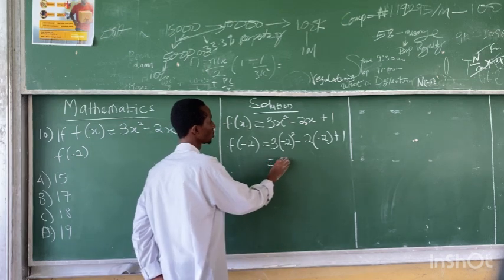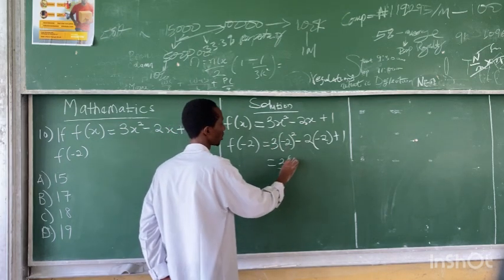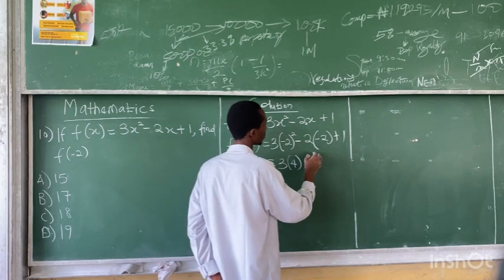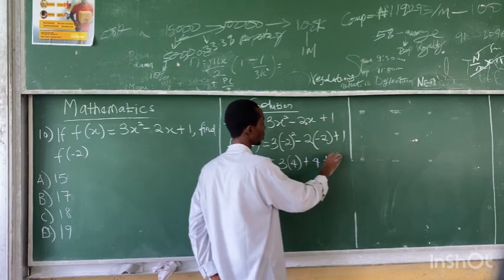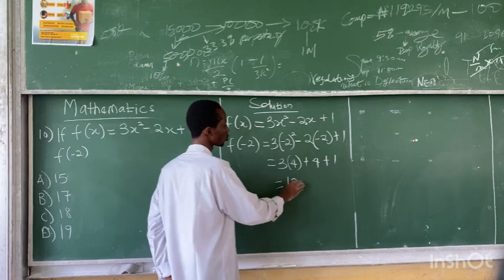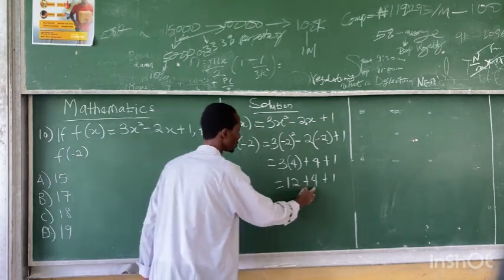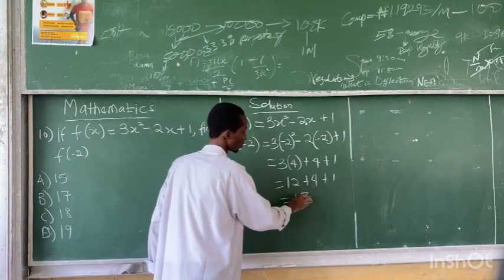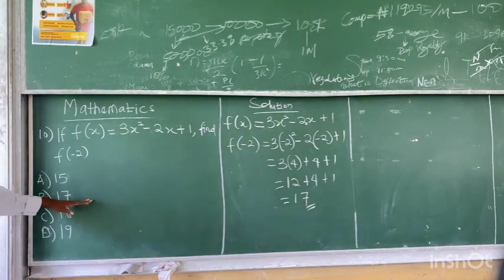This is equal to 3 into minus 2 squared will give us 4, minus 2 times minus 2 will give us 4, plus 1. Here we have 3 times 4, 12, plus 4 plus 1. 12 plus 4 is what? 16. 16 plus 1 gives us 17. Therefore, the final answer here is option B, 17.